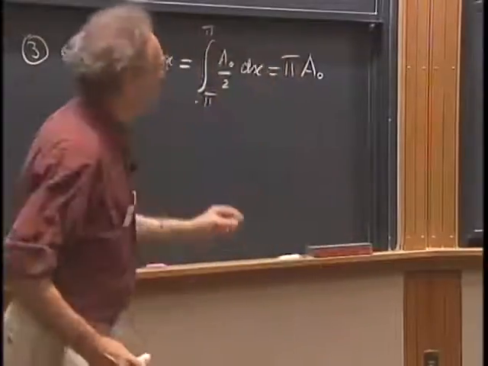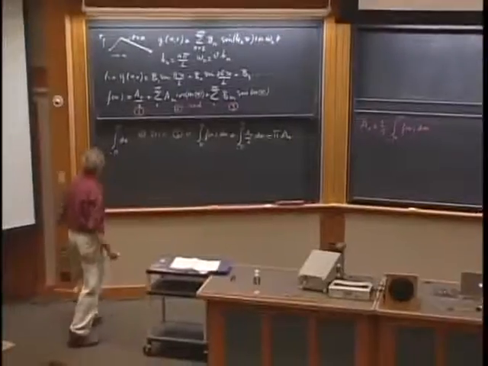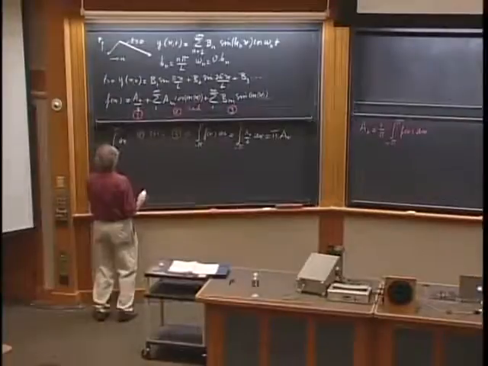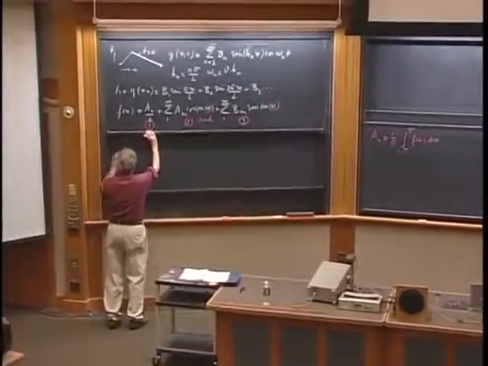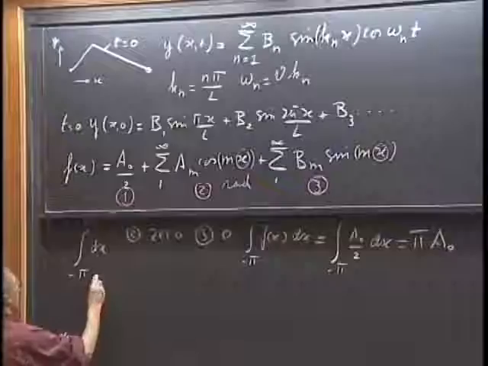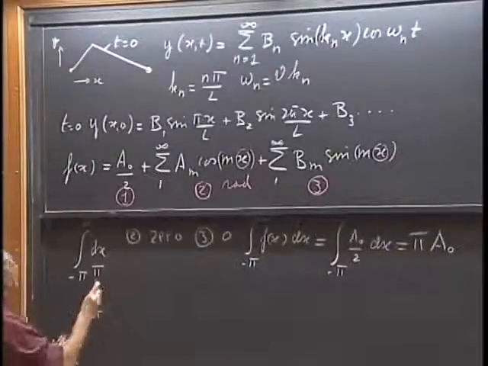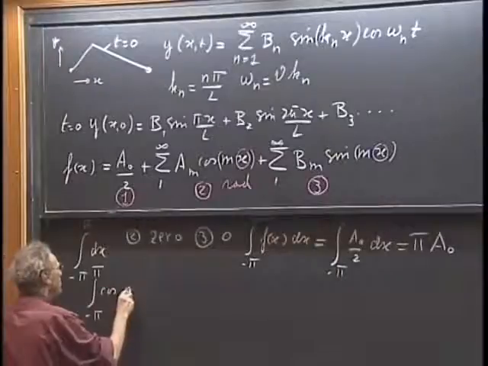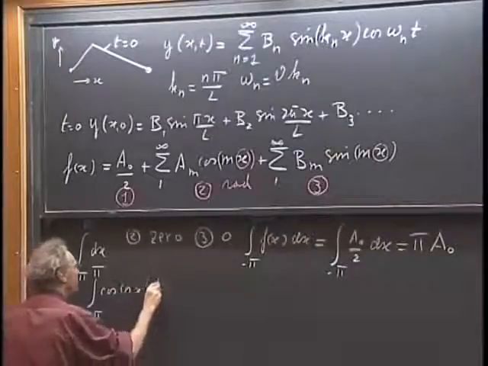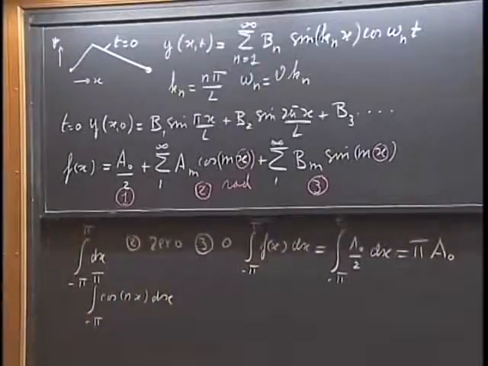How are we going to calculate now the other values for a? Well, what you do now is you take the integral from minus pi to plus pi times the cosine of nx dx, and you do that on both sides of the equation.